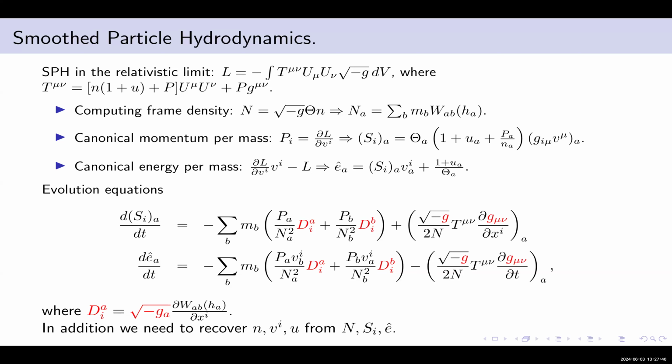And so we can define, like you do in Eulerian hydrodynamics, some evolved variables. First of all, you can calculate the computing frame density from the location of your particles in your coordinate space, and then you can recover the rest frame density and so on from your evolved variables.